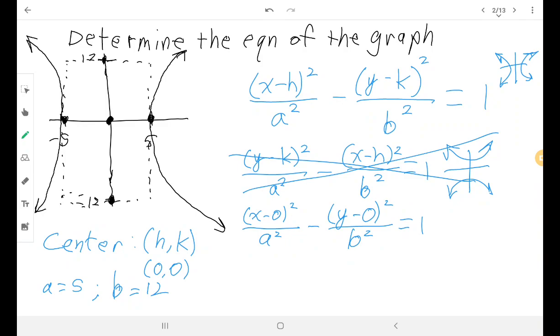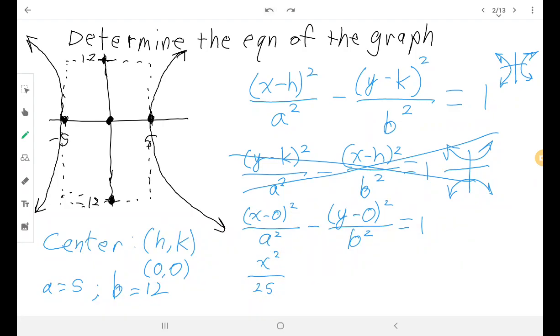So what I'm going to do is clean these two up. That's x squared over a squared, which is now 5 squared, so that's 25. x squared, because x minus 0 is just x, and then the squared coming from there.